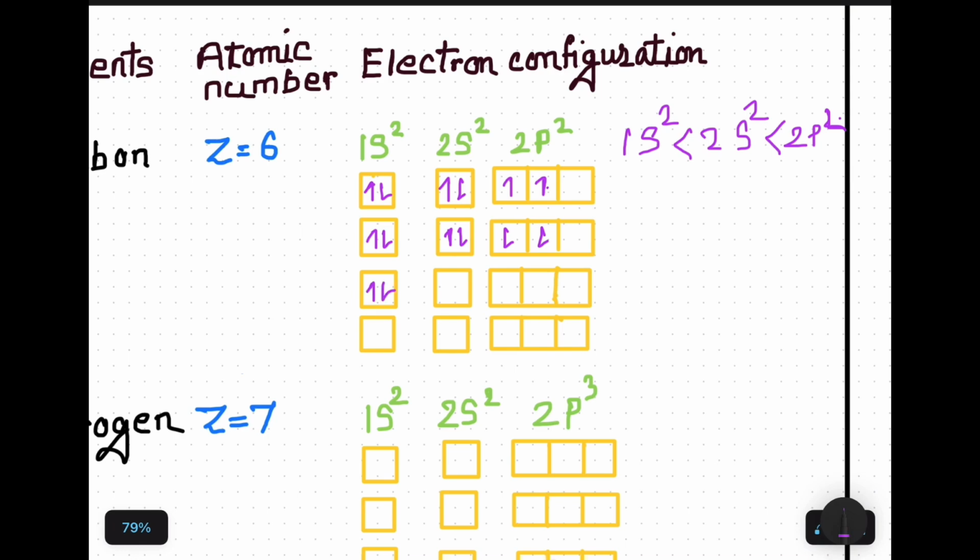But the electrons will not fill in this way, where one has up spin and another has down spin, or the electron configuration will not be like this either, because the electrons will not pair up unless all the orbitals get filled with one electron each.